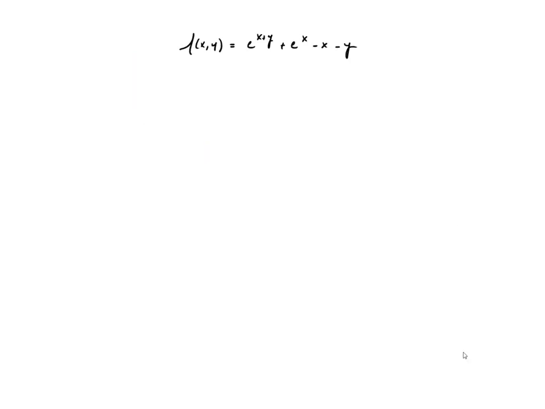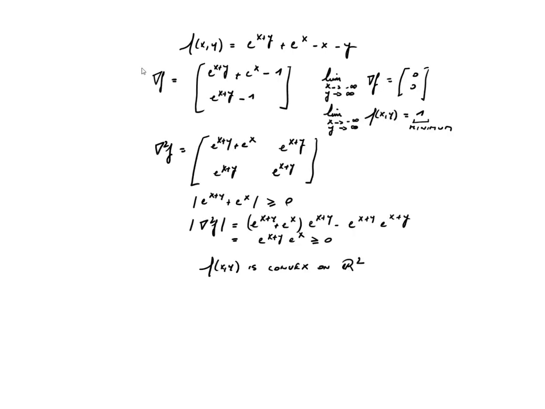Here's another exercise. You have to test the convexity of this function. So here's the solution. Well, first of all, you have to compute the gradient. Okay, so this is the partial derivative with respect to x. If you take the derivative of this one with respect to x, well, it's the exponential itself, right, times the derivative of x plus y, and that's 1.